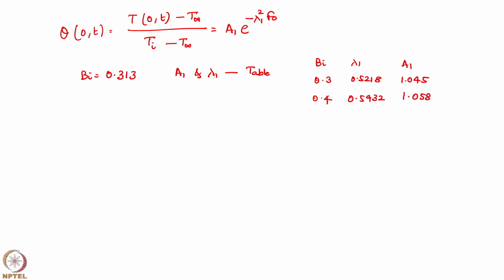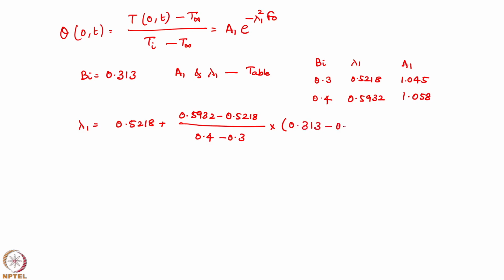For interpolation, lambda 1 is equal to 0.5218 plus 0.5932 minus 0.5218, divided by 0.4 minus 0.3, into 0.313 minus 0.3.